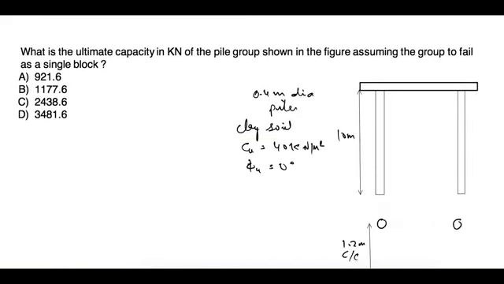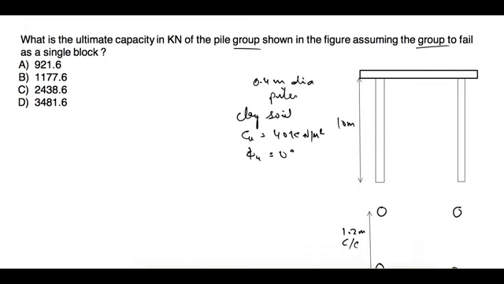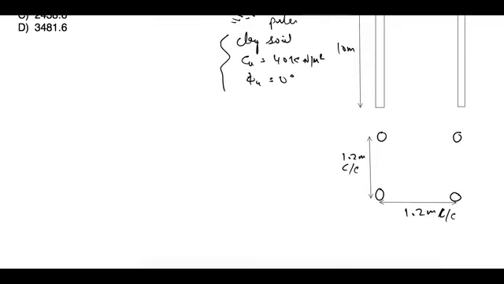After that, the next one is, what is the ultimate capacity in kilonewton of the pile group shown in the figure, assuming the group to fail as a single block. Here they have already said that the group is failing as a single block, so we have to use the group failure criteria. Again, from the data we can see it is a clay soil, pile diameter is given, and the spacing and all is given.